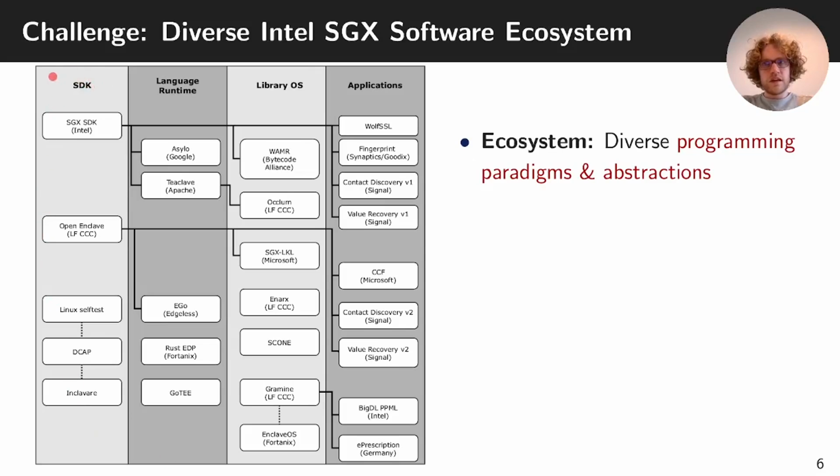One is at the abstraction level of just function calls, which is the typical SDK approach pioneered by Intel and Microsoft, but also at the level of merely shielding existing legacy applications, which is this library operating system approach pioneered by things like Graphene and Gramine. And in the middle, you have language-specific runtimes, for instance the support in the Rust compiler to transparently compile Rust applications to SGX enclaves.